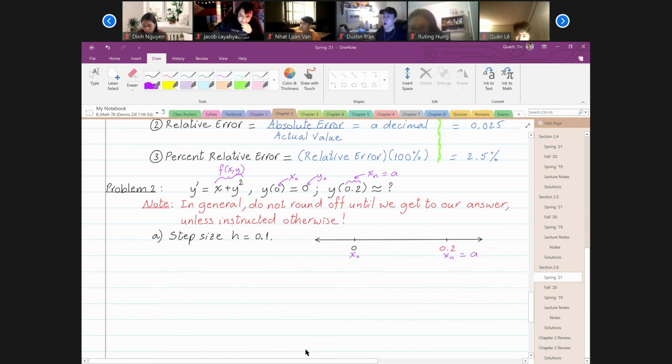Now it says the step size is 0.1. So what you are trying to do is approximate y at 0.2. So what is n?